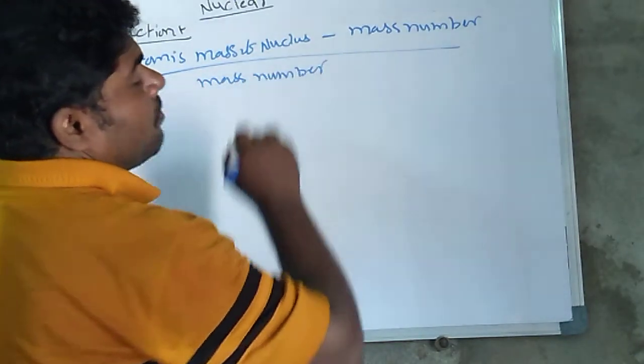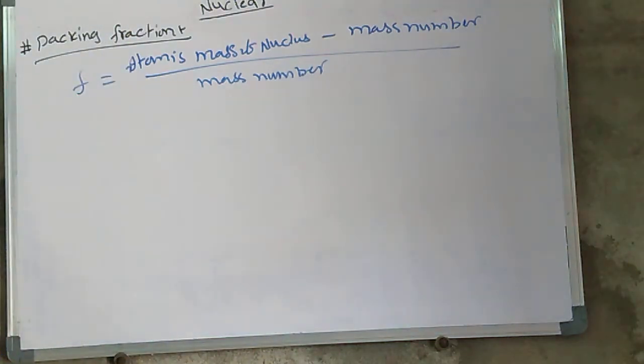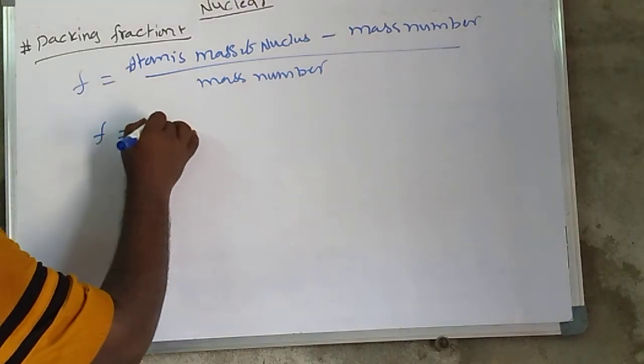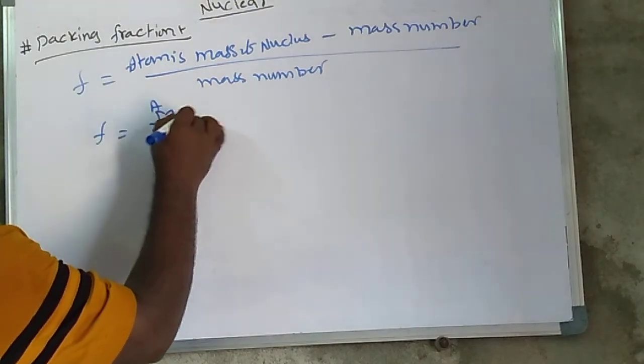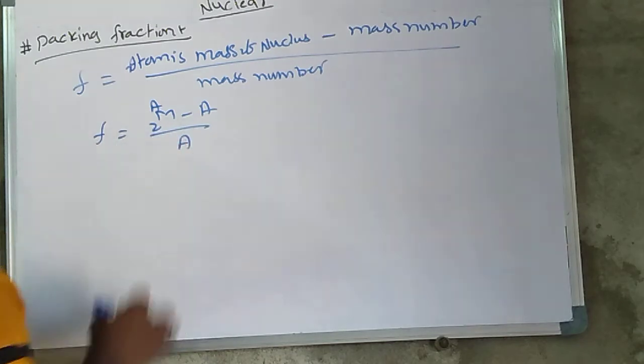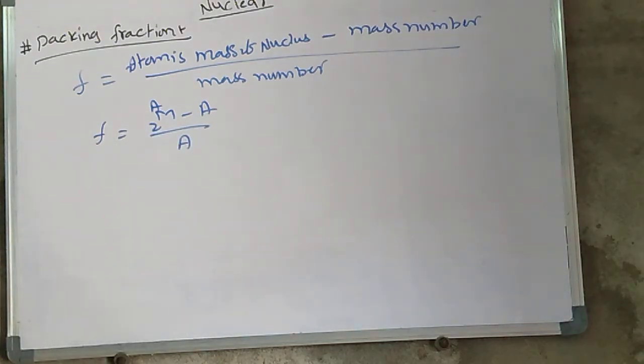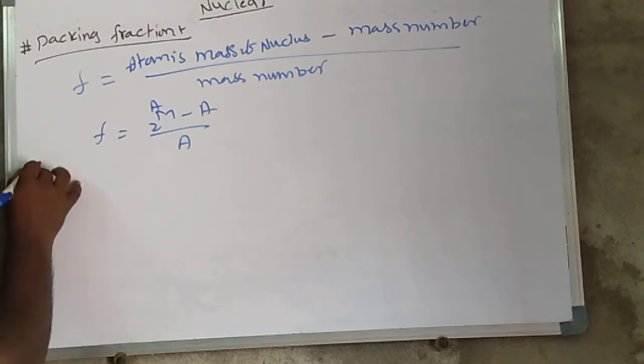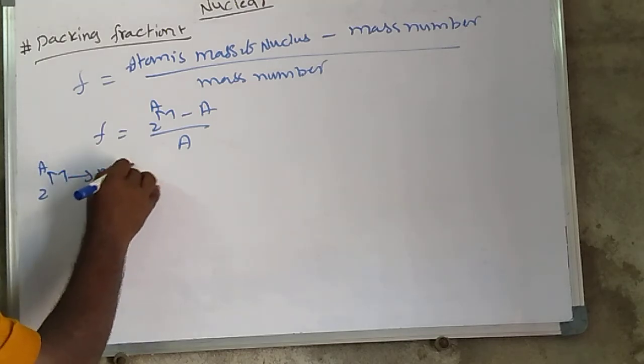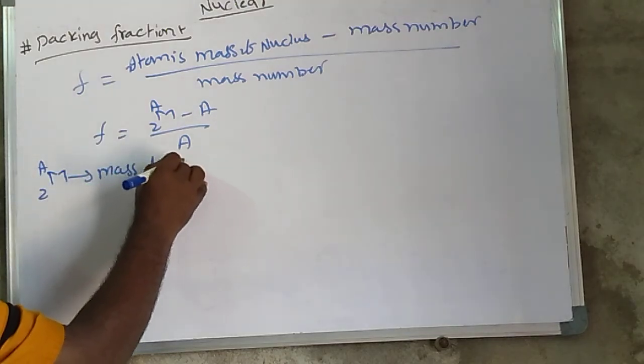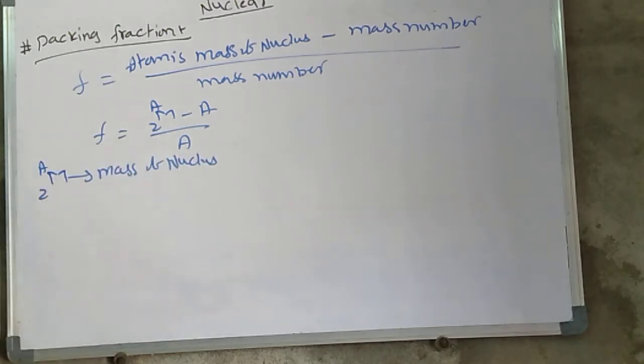So the packing fraction f is equal to M(Z,A) minus A, divided by A, where M is the mass of the nucleus in atomic mass units.